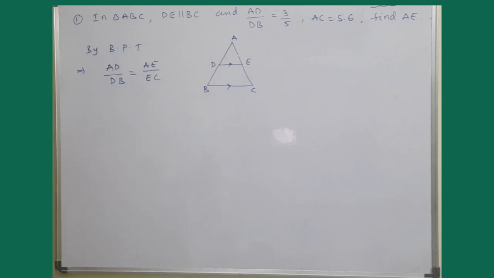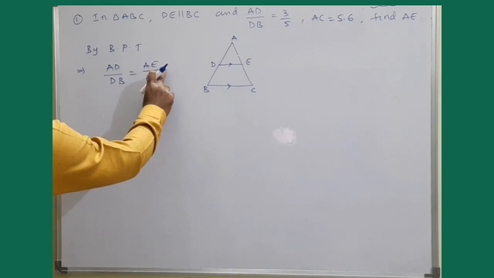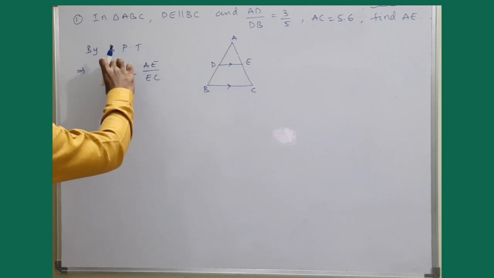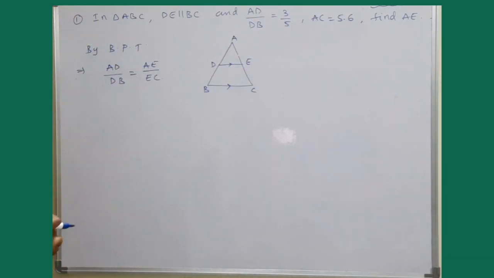But here we don't know exactly what AE is, as well as what EC is. But this ratio is also equal to AD by DB, which is 3 by 5.